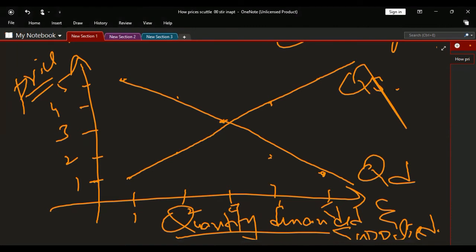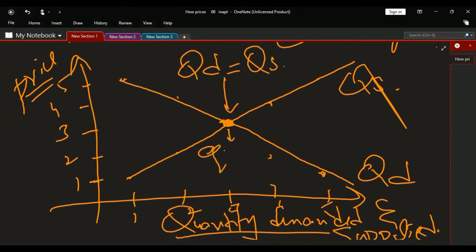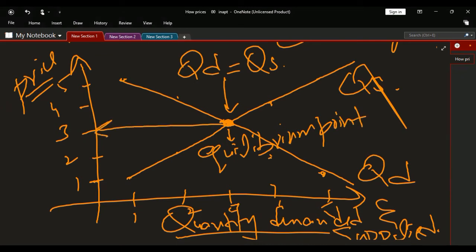So point 3 is the point at which quantity demanded is equal to quantity supplied. So this point is known as the equilibrium point. The price at this point is known as equilibrium price, and quantity at this level is called equilibrium quantity.